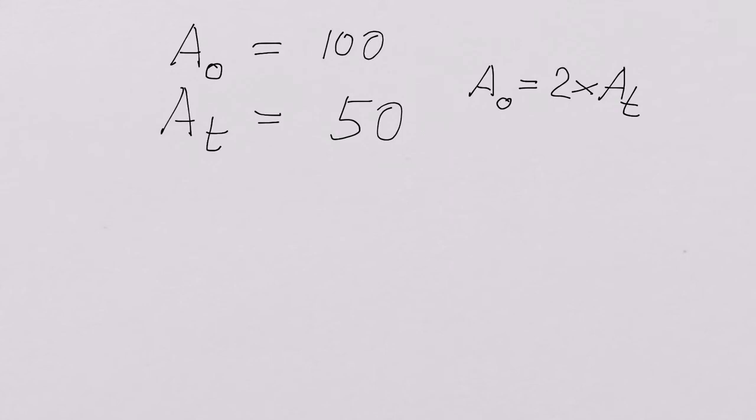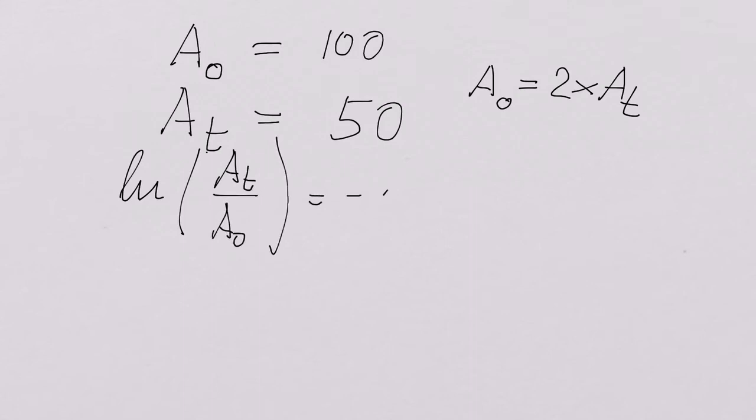I can write in my equation ln AT over A0 equals minus k times t minus t0. Yeah? Now I can put these things in.